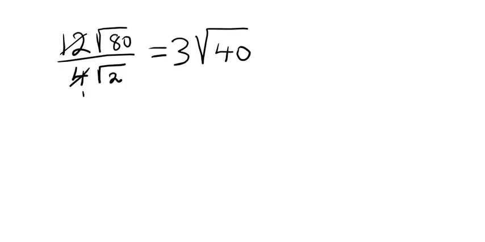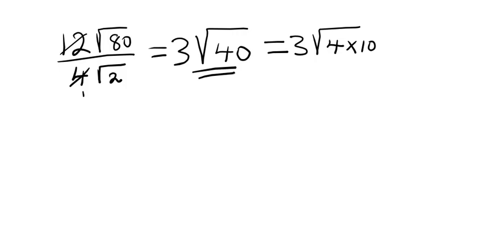So we can't leave our answer here because 40 is not in simplest form, it has a perfect square factor. We have to split it. So this is the same thing as 3 root 4 multiplied by 10, because 4 times 10 is going to give us 40. So you see here now that 4 is a perfect square.